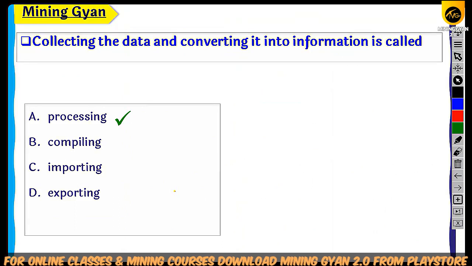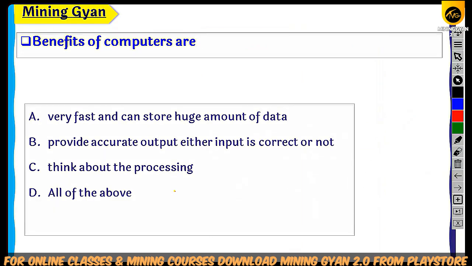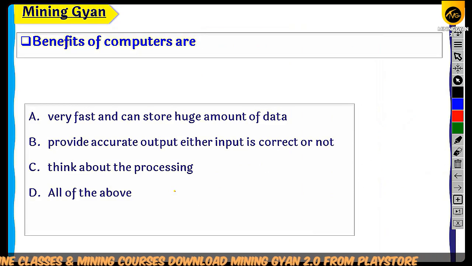Now the next question is, benefits of computers are: first, very fast and can store a huge amount of data. The second, provide accurate output whether the input is correct or not. The third, think about the processing. And the last, all of the above.